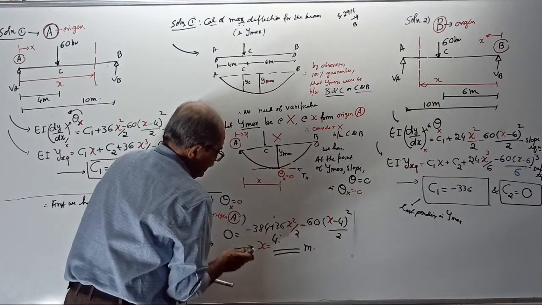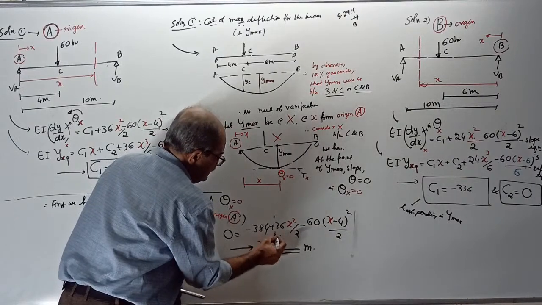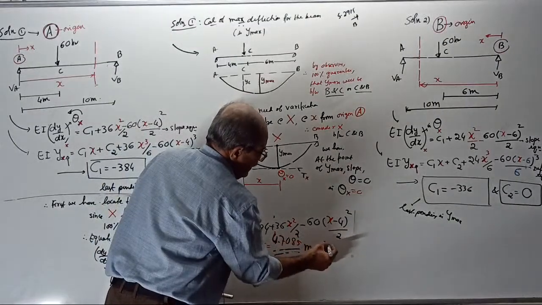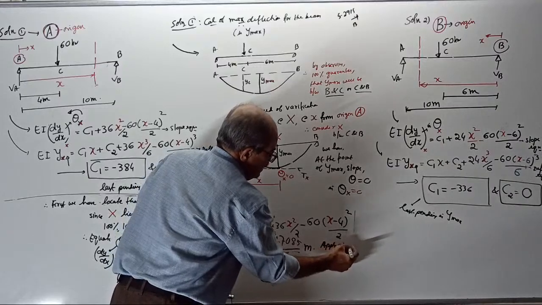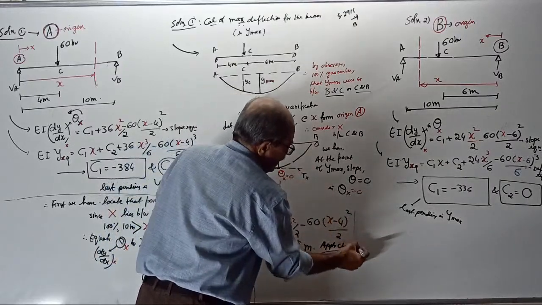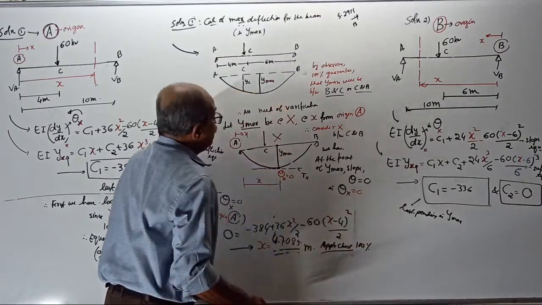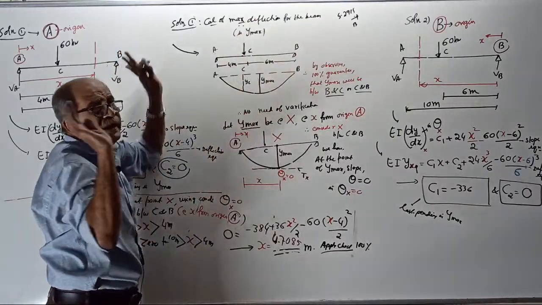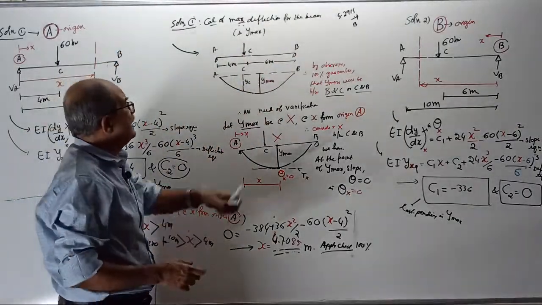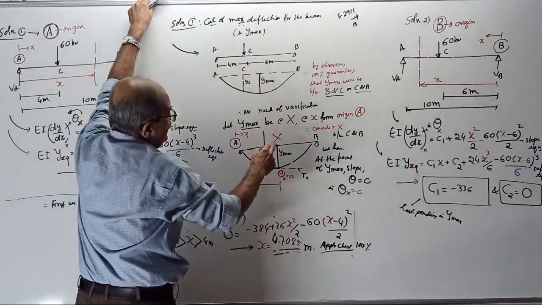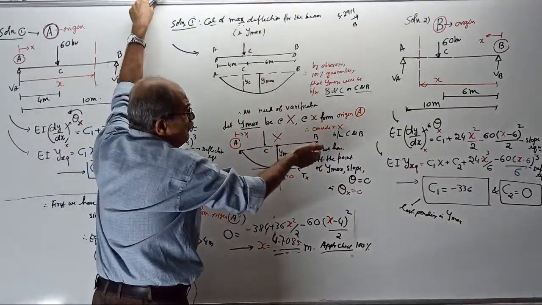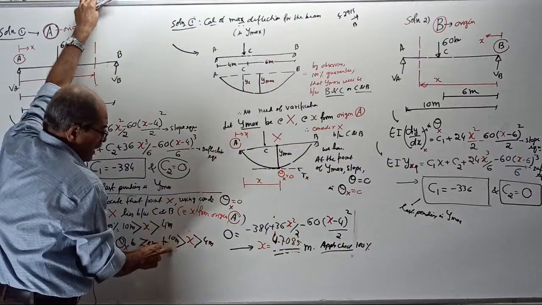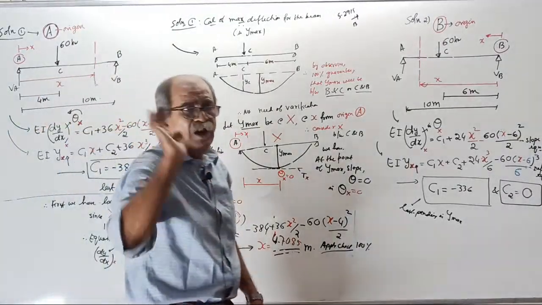Okay, x equal to 4.7085 meter. I will put red color only. If you want, apply a check. Our 100% decision of the point y maximum, x lying after C, before B, at x from left hand, with the condition x more than 4, less than 10, is satisfied or not satisfied.